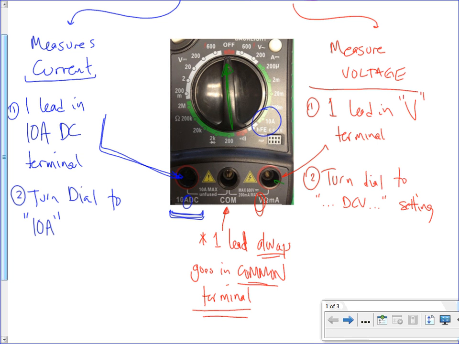So where's that? Well, look, here's some stuff about V. Here's some stuff about V. Here's some stuff about ohms, that would be if we want to measure resistance. And this is about amps, that's for current. So it's either going to be in this range or this range for us measuring voltage.